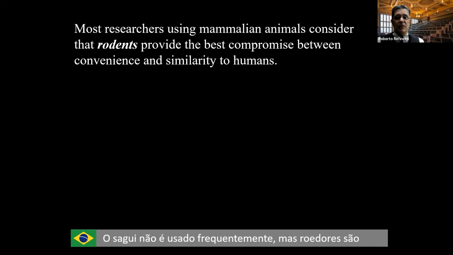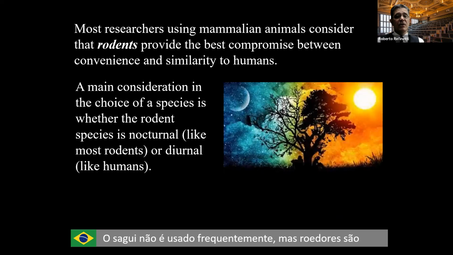They're very good animals. A main consideration in the choice of a species is whether the rodent species is nocturnal, like most rodents are, or diurnal, like humans are, whether they are active during the night or they're active during the day.